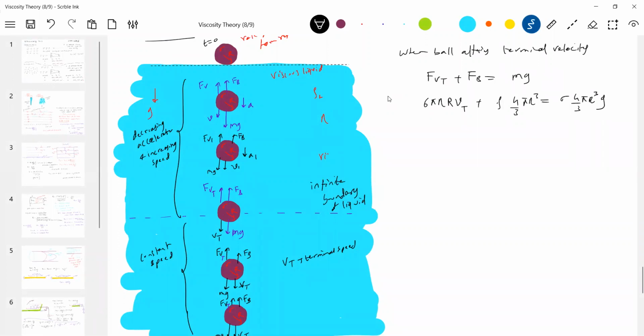Okay, there's a rho L. I'm interested in this Vt, the expression for this Vt. So 6 pi eta r Vt is equal to sigma minus rho L, and here one g is there.